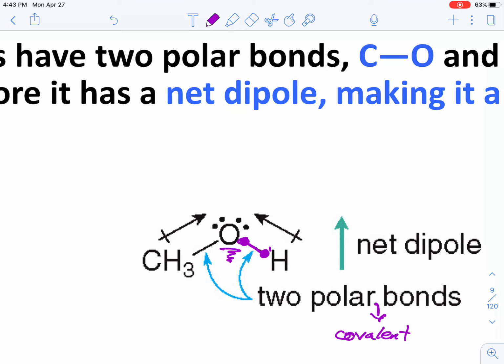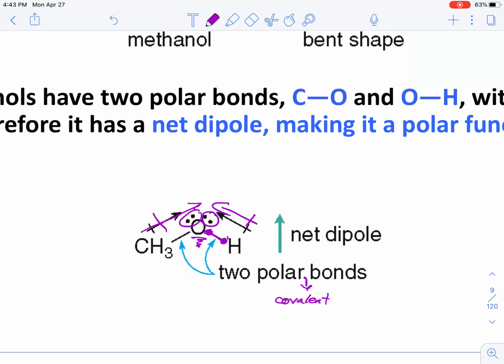And since the dipoles of these polar covalent bonds point in the same direction, also because of the presence of the lone pairs on oxygen, there's going to be a net dipole pointing in one direction. And so the main idea that I'm trying to convey is that alcohols are polar functional groups.